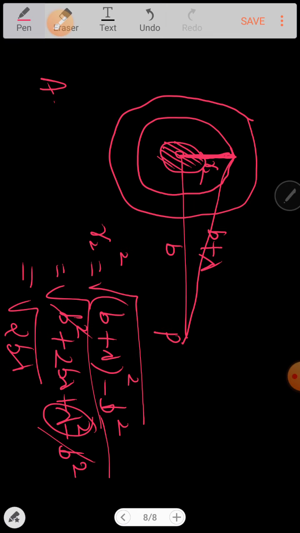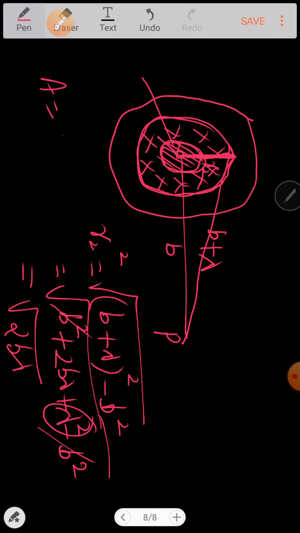Again the area is pi r2 square. The area of the second zone is the area between these two circles, that is the total area minus the area of the first zone.